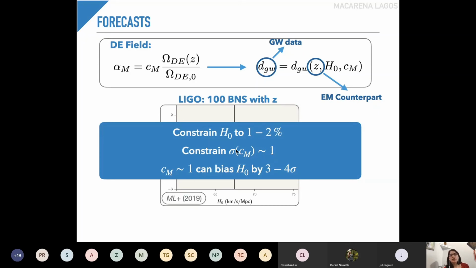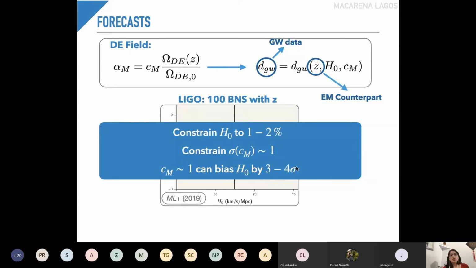And now regarding this degeneracy that I showed you in the picture, what is the consequence of that large degeneracy? The consequence is that if you assume something wrong about Cm, for example, you assume that Cm is equal to 0 because you like lambda CDM, but actually Cm was not 0 and was something close to order 1, in that case, you will bias your constraint on H naught by 3 to 4 sigma.